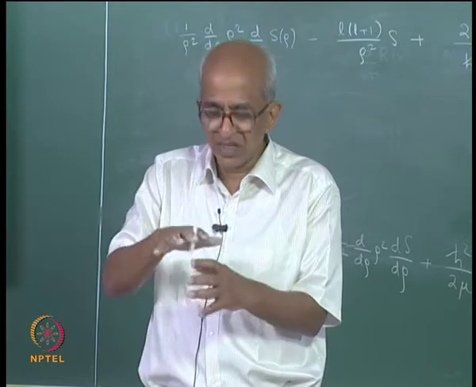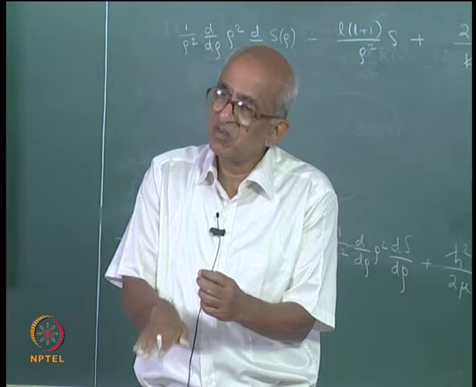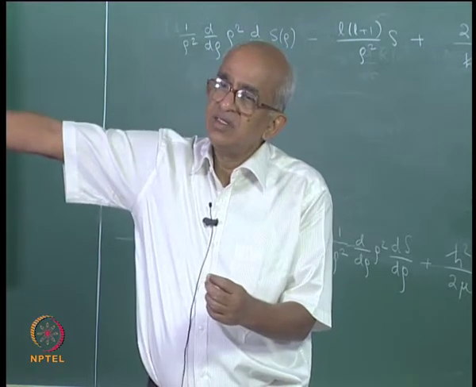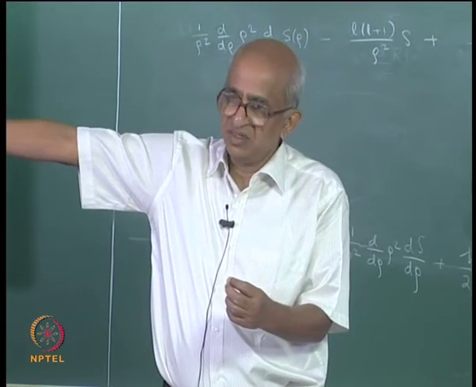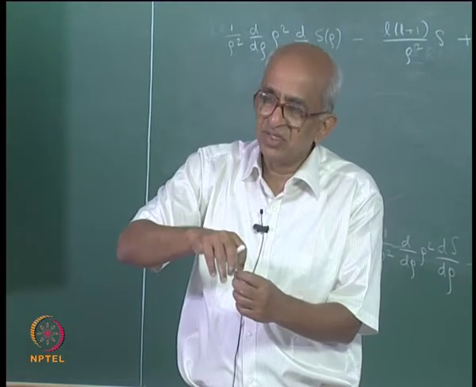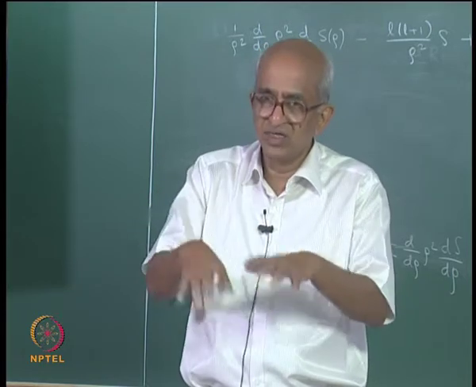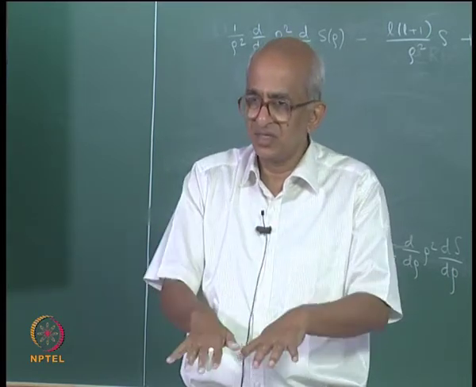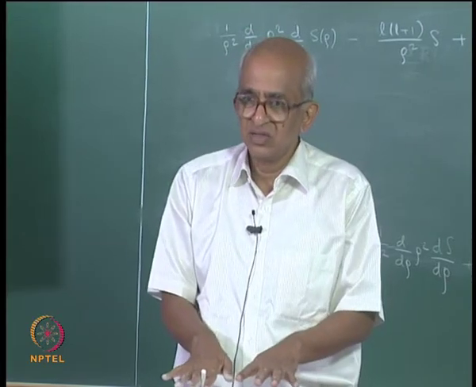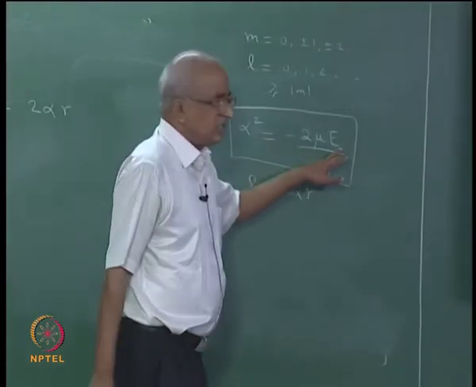I would expect that if there is a bound state for the system, the energy of the system will be less than 0, less than the energy that the system would have at infinity. So, if the electron is in the vicinity of the nucleus and bound to it, I expect that the total energy of the system will be less than 0, and therefore, I expect that this E is negative.